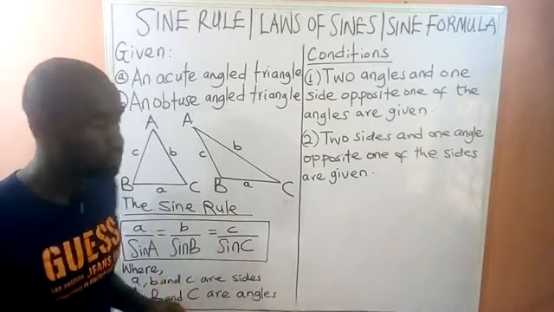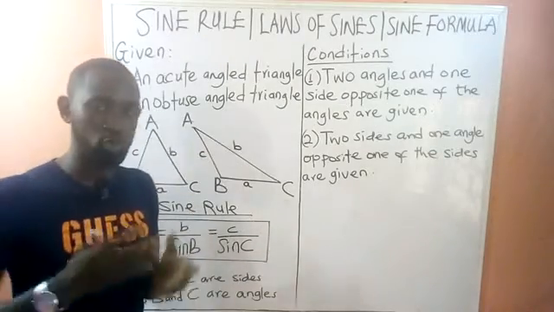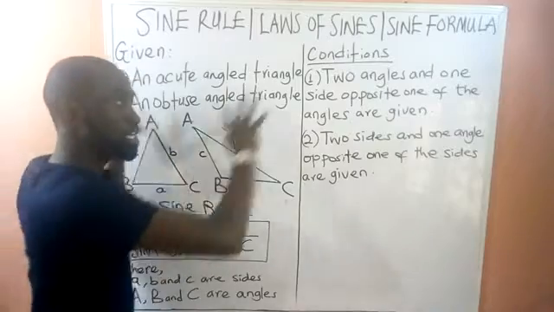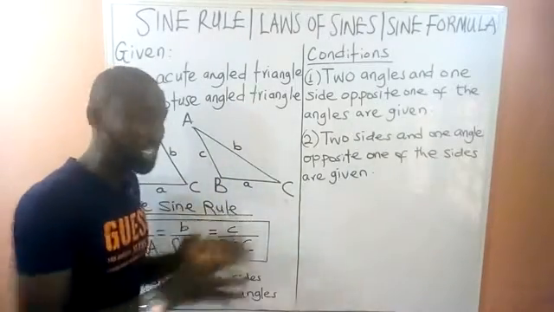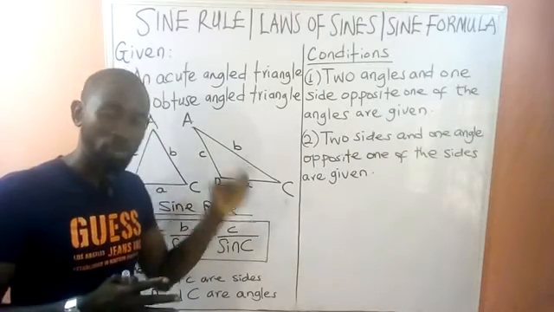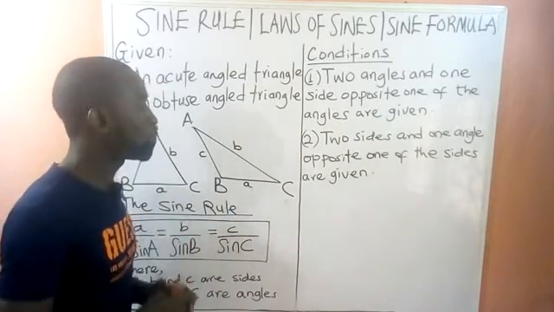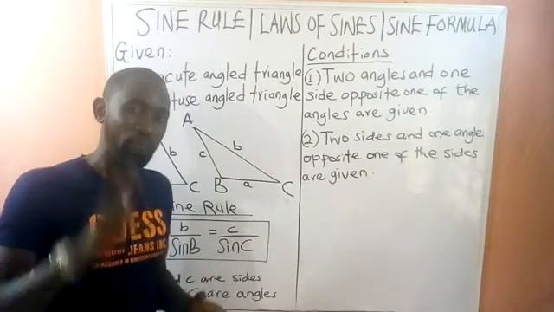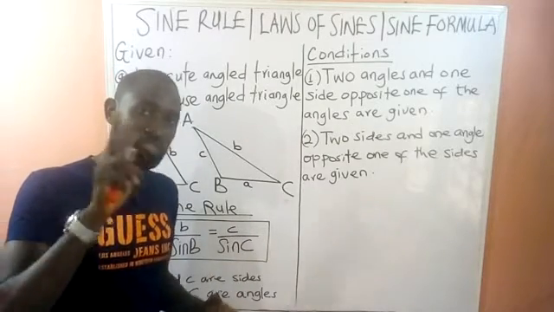This video is part 1 of the 2 series videos under sine rule. We are going to explain everything in detail here, and in the second video, we solve general questions applying the sine rule. Now, we can apply sine rule to solve questions in mathematics, but 2 conditions must be satisfied.